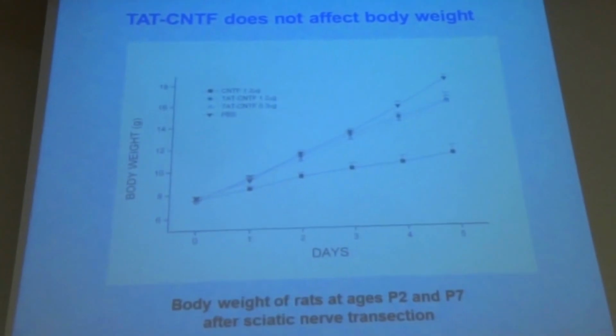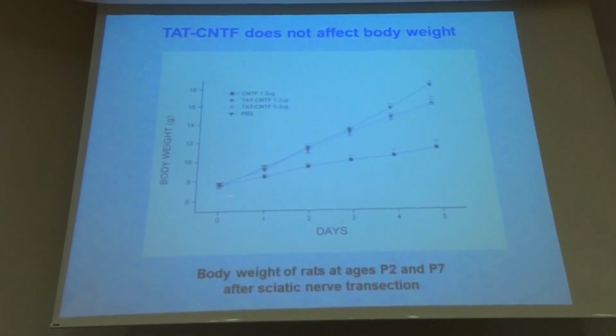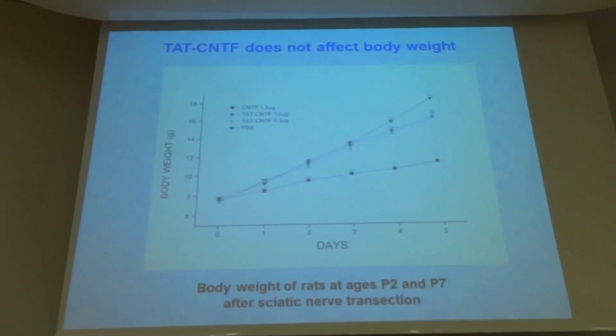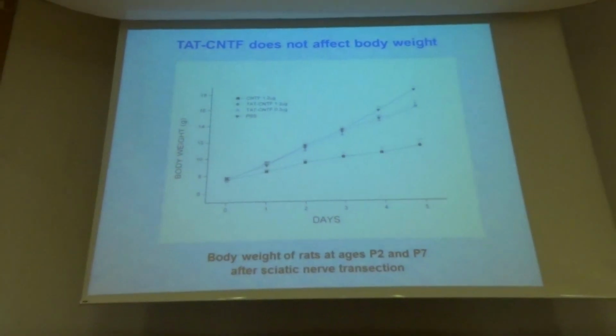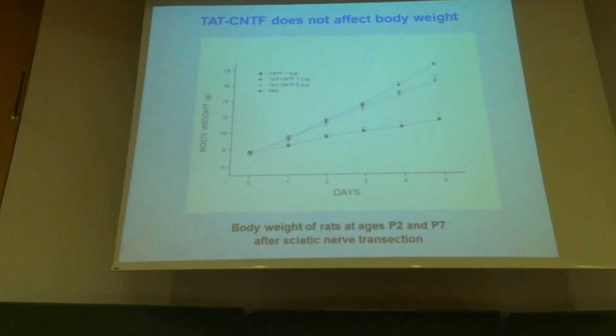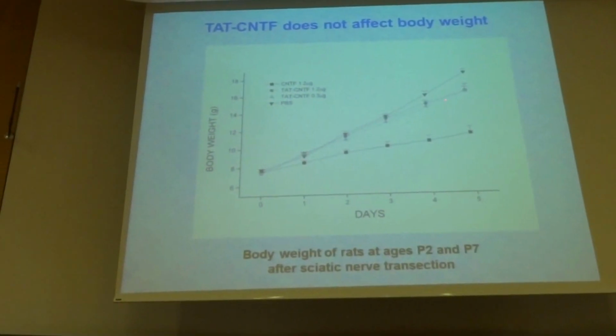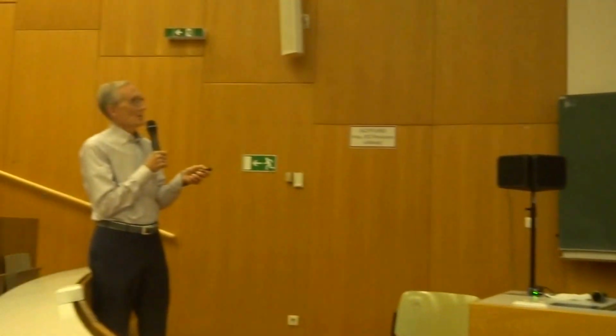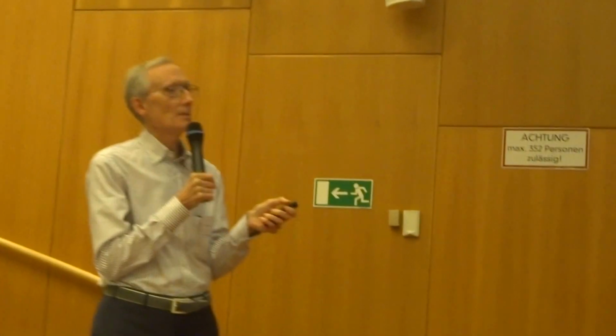Well, as it happens, as you might expect, the CNTF does affect body weight. So this is the CNTF over the 5 days of administration in these rat pups. They don't gain weight as do those with the TAT-CNTF. So as in man, the CNTF does affect the weight in the animals, which is not desirable.